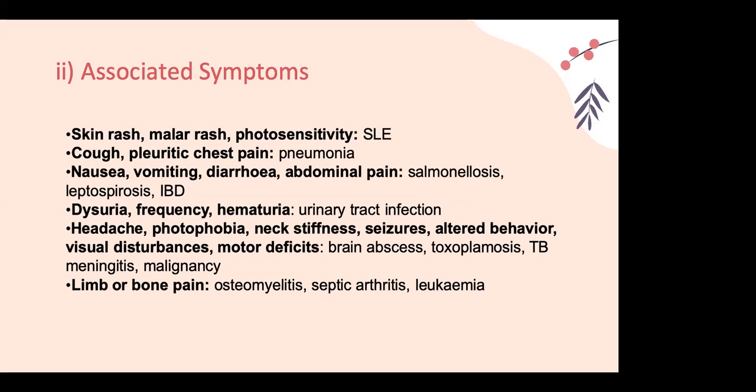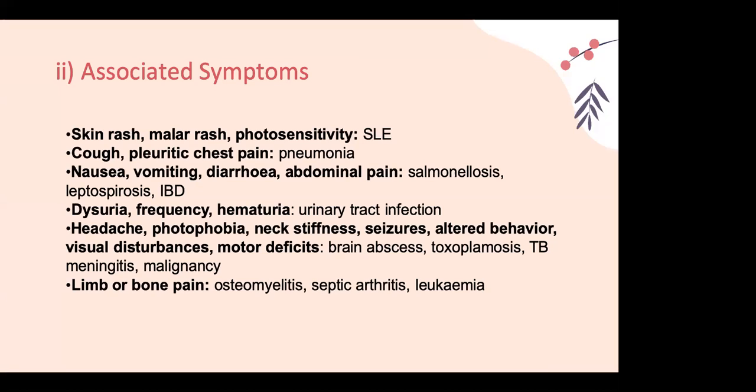And then gastrointestinal symptoms, such as nausea, vomiting, and diarrhea, can be due to salmonellosis, leptospirosis, and inflammatory bowel disease. Next, lower urinary tract symptoms can be due to urinary tract infection.